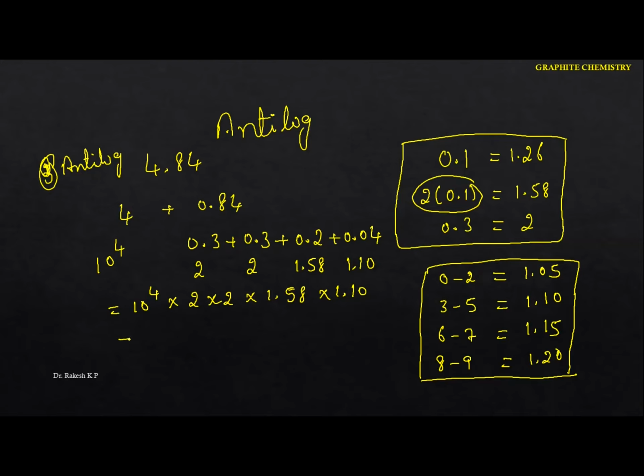If we multiply these values, we get 6.952 into 10 to the power of 4. So this is the antilog value for 4.84. If you remember this particular value, you can calculate any antilog value, isn't it? I hope you understand this concept here.